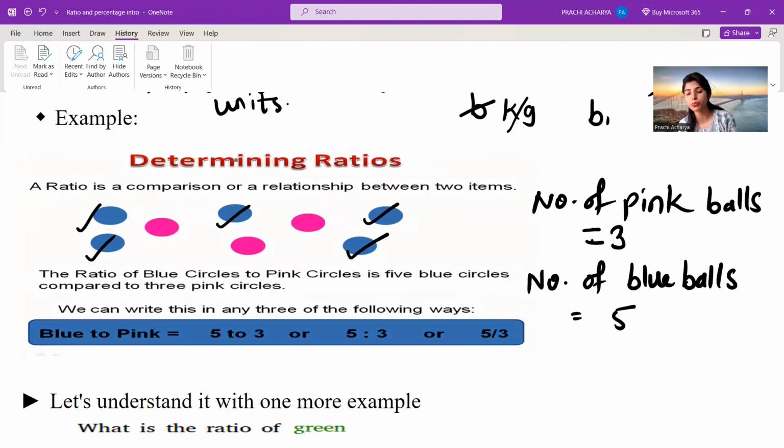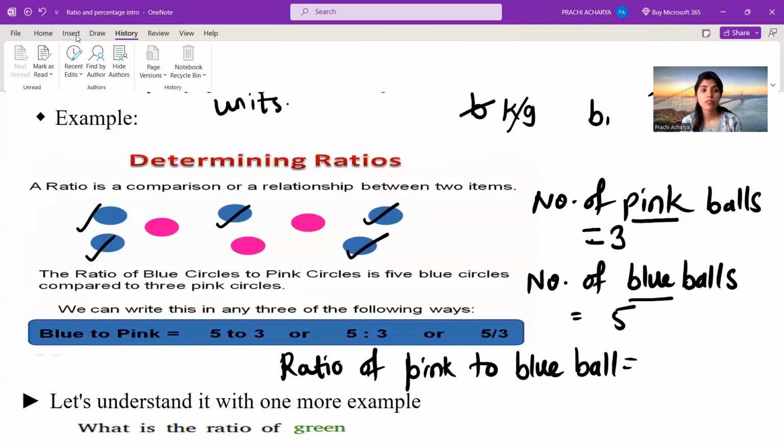If I want to find the ratio of pink ball to blue ball, see what I am writing: ratio of pink to blue ball.